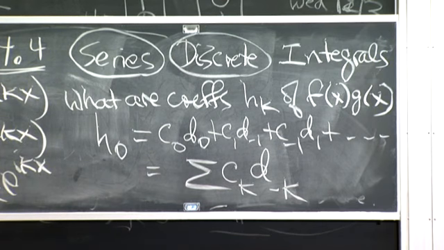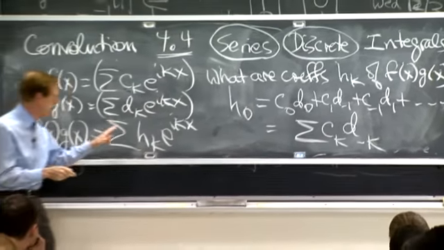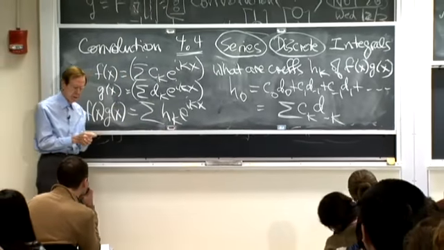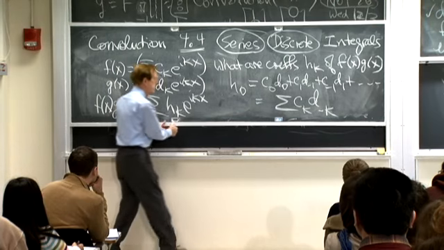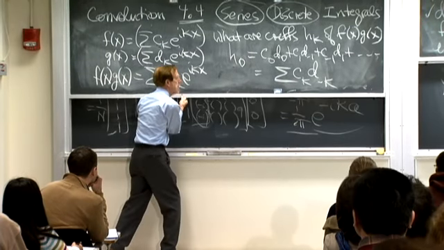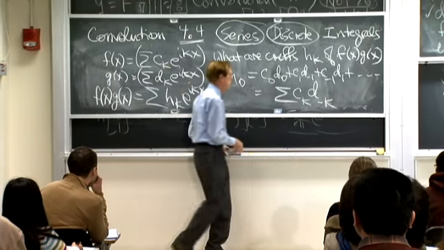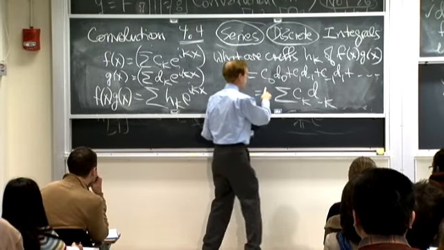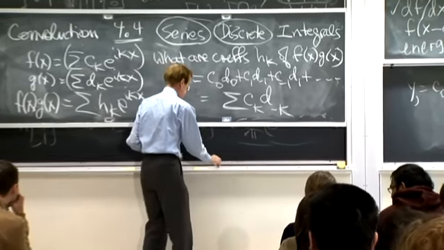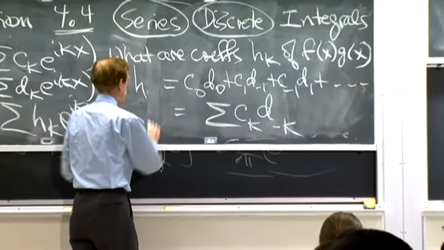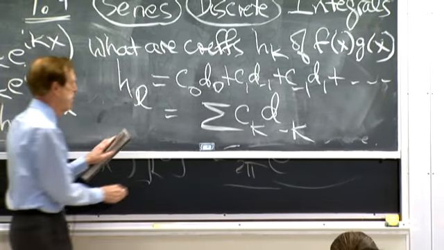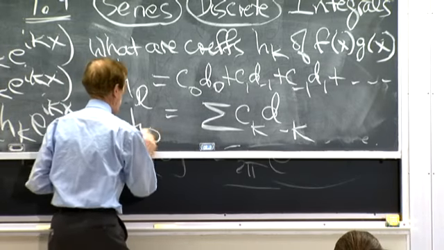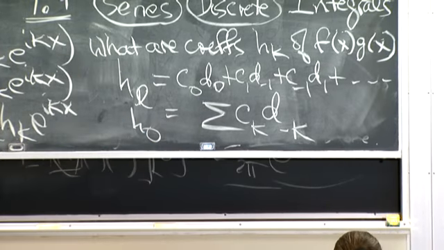Where the heck am I going to put it? I want to do hk, I guess. Or I better use a different letter, hl. Let me use the letter hl, and oh, God, there's no space. All right. So this was h0. Let me keep things sort of looking right for the moment.